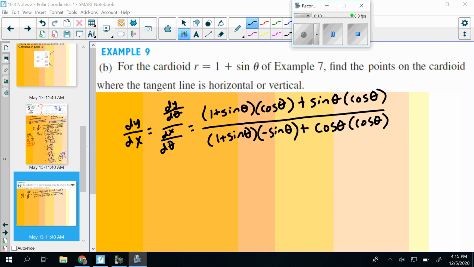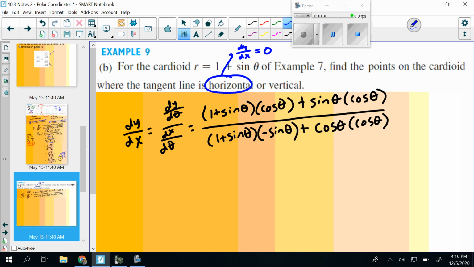All right, so I've copied and pasted over from our part A the slope here. So where the tangent line is going to be horizontal, we know that's anywhere that our slope here, dy/dx, is equal to 0.